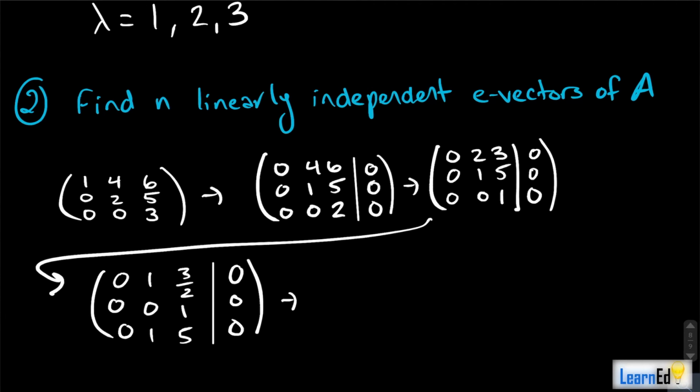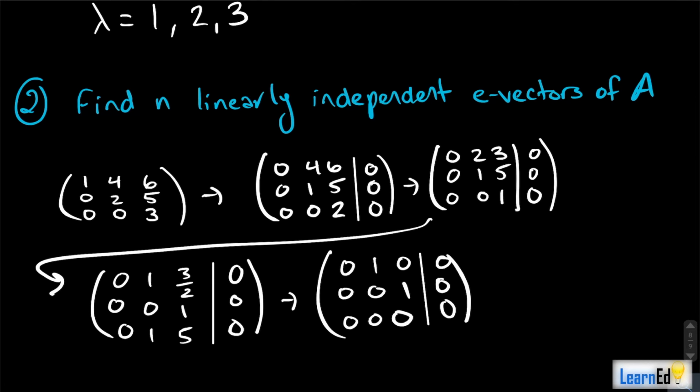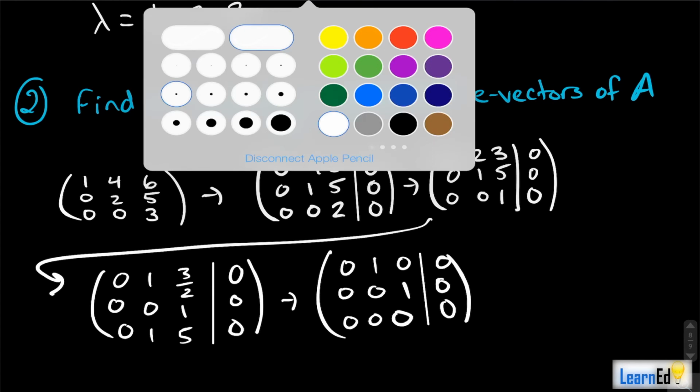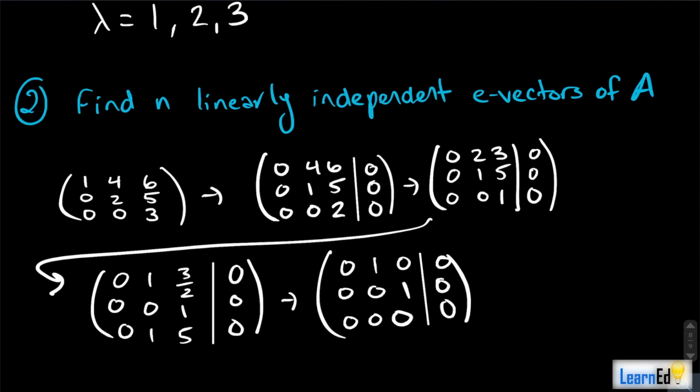Here's actually why, and this is just making row reduction as easy as possible for yourself. I can actually go right from this step and write this thing as 0, 1, 0, 0, 0, 1, 0, 0, 0. But how am I able to do that? If you've been watching the part 1 and part 2 videos, you've seen that I've done this a lot. Since this value is 0, when I perform row reduction, it won't change this value, but I can zero out this value, the 3 halves. So I can make that 0 and not have to worry about anything.